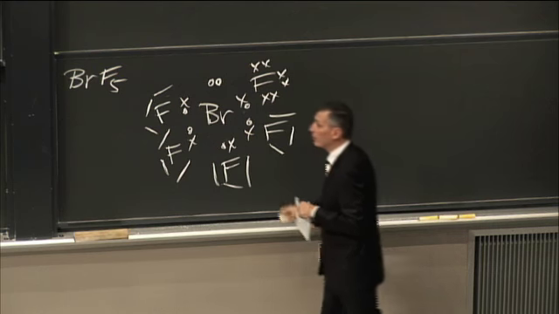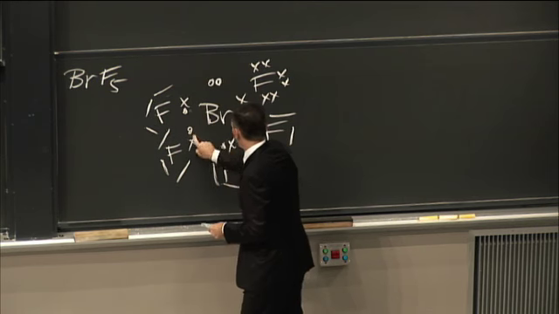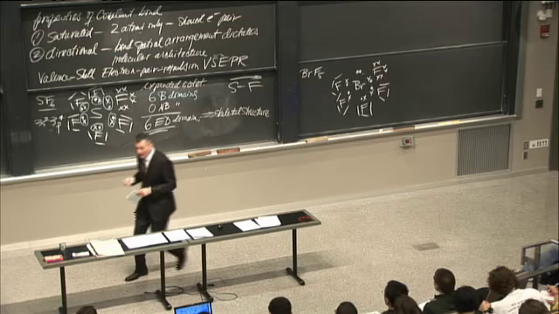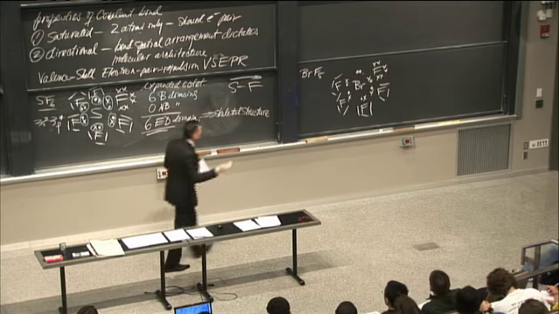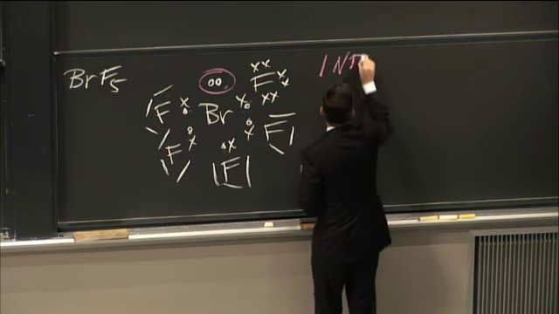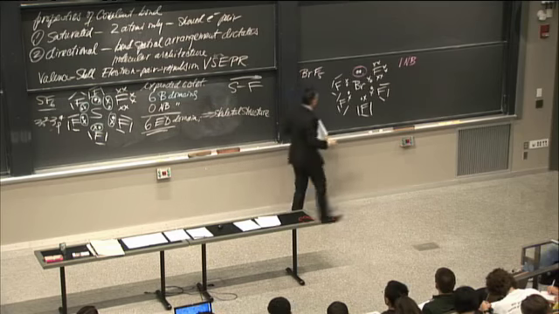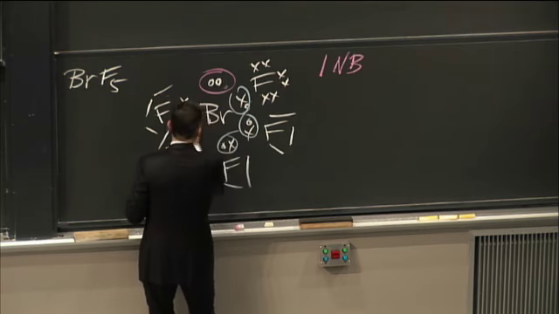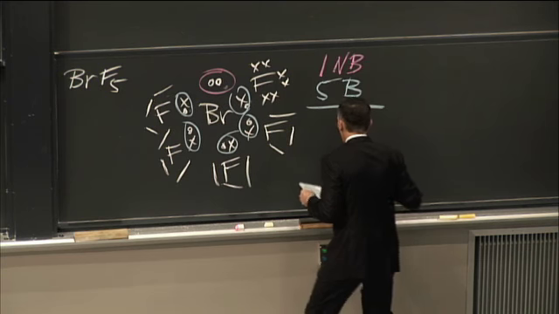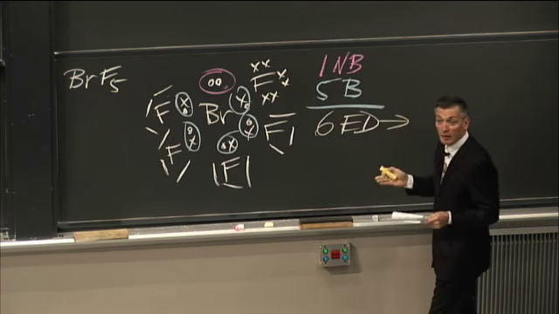All right, so what do we have now? How many electron domains? 1, 2, 3, 4, 5, 6. 6 electron domains as before, but one of them's non-bonding. I get to use the colored chalk again, you see. All right, so this is one non-bonding domain and 5 bonding domains. 1, 2, 3, 4, 5. 1 bond to each of the fluorines. 5 bonding, and the total is 6. 6 electron domains, so that means octahedral structure.